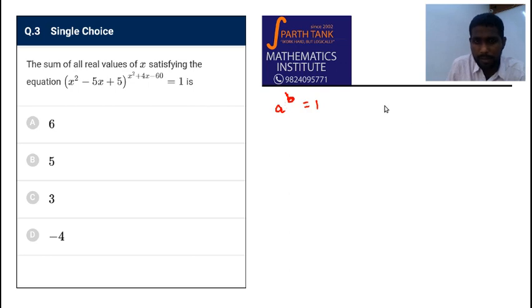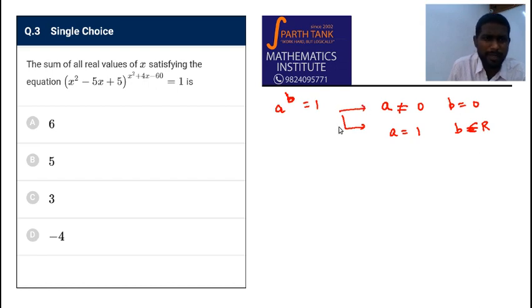This is when a is not equal to 0 and b is equal to 0, right? This is one case. If b is 0, this is going to be 1 for any number here. If a is 1 and b is any number except infinity, let us say that's indeterminate, it will be 1, second case.